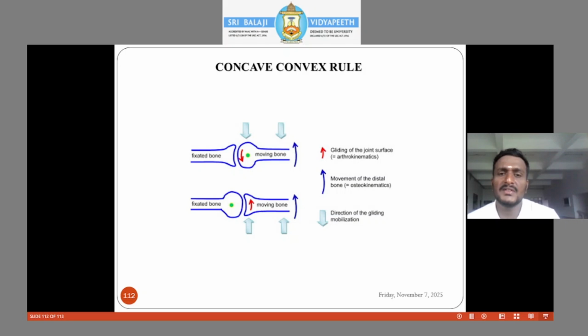When a convex surface moves on a concave surface with rolling and gliding, what happens to the direction of gliding and the direction of rolling? It's very important.